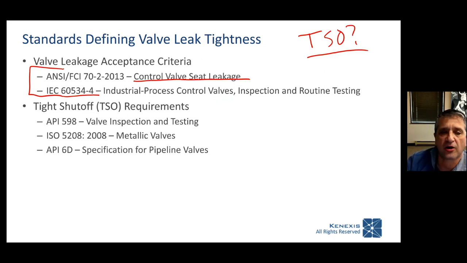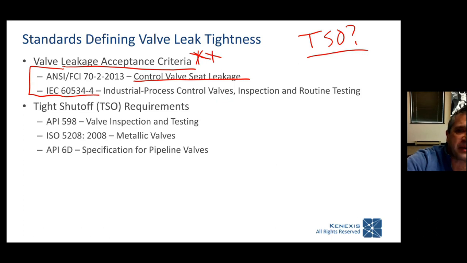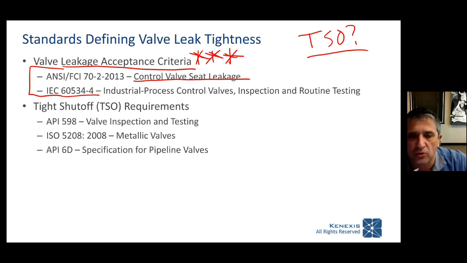Both of these are going to define the concept of leakage acceptance criteria or leakage classes. So more on that coming up. This is going to get the big star, the big check mark. This is the one that we're going to end up recommending that you use because it is extremely well defined and pretty ubiquitous.